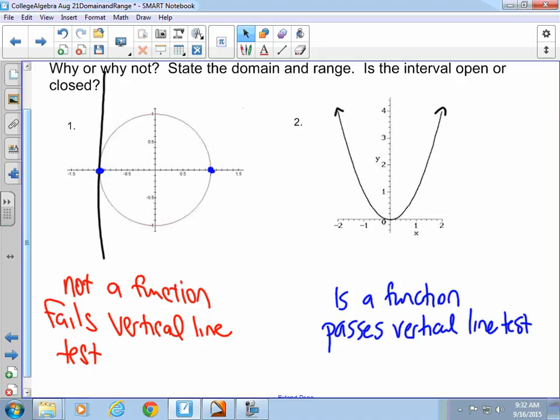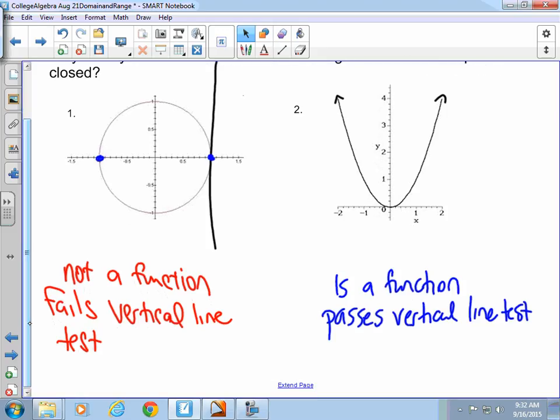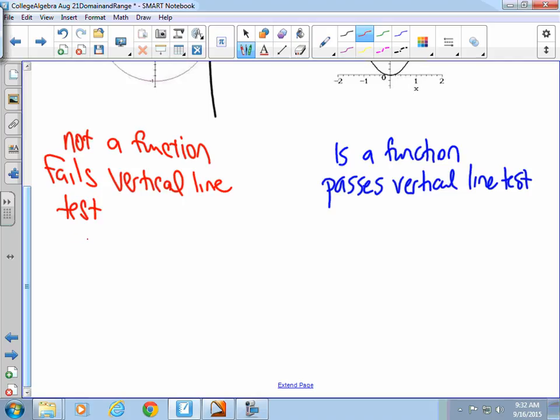So from -1 all the way to +1. And both of those, even though they aren't filled in, the circle actually touches those. Those two endpoints will be bracketed, -1 to 1. So that's the domain.